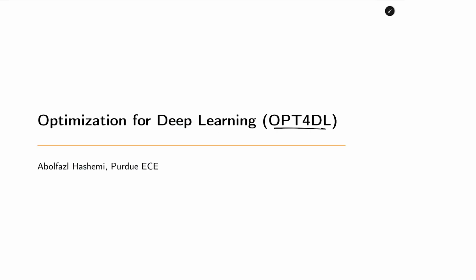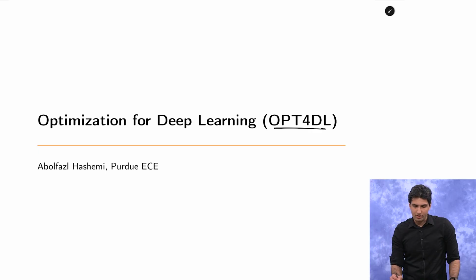So in this lecture, we're going to provide an introduction to the course and essentially motivate the course. As you can see in the title, we have two main keywords here. We have optimization and we have deep learning.